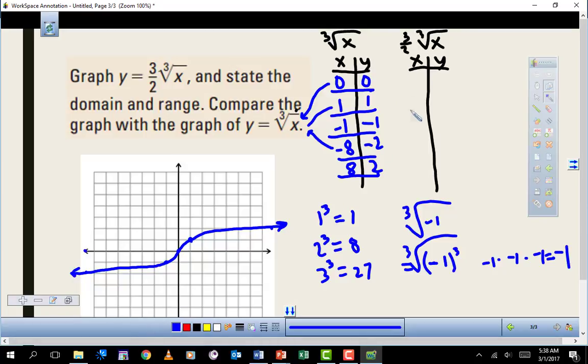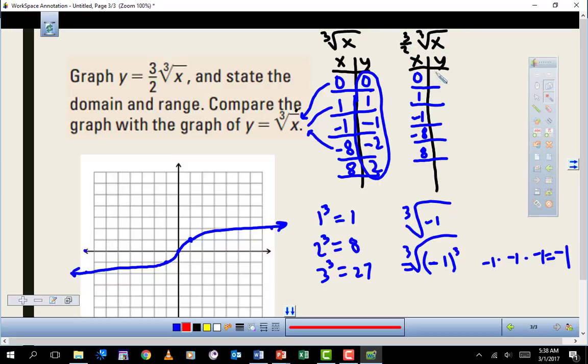Now, to do this function, we'll just go ahead and plug in the same exact x values. We've already calculated what they're going to be. They're going to be these numbers right here. So let's just take a look. After you take the cube root of 0 here, you would get 0 and then multiply by 3 halves.